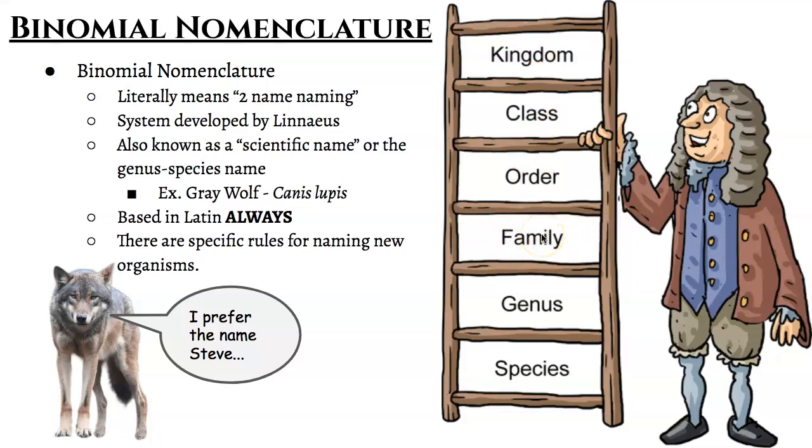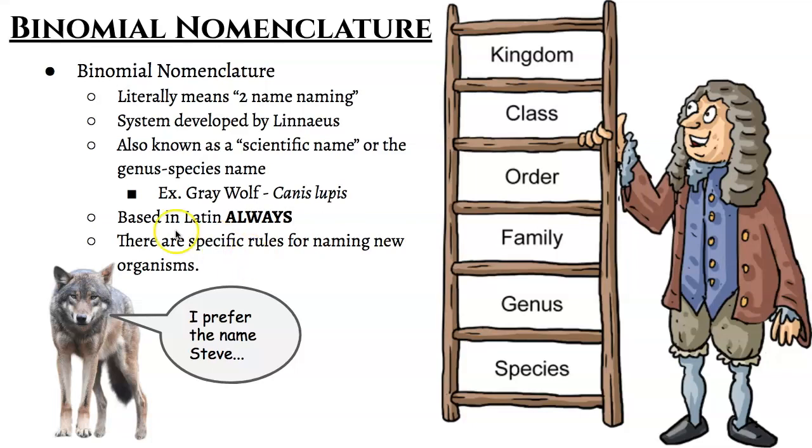But again, let's assume that you go down to the Amazon rainforest and you discover a new species of frog. If you want to name that frog after your mom or your favorite movie star, you can do that as long as you follow some specific rules when you're naming this organism.